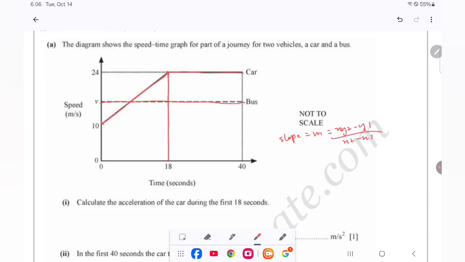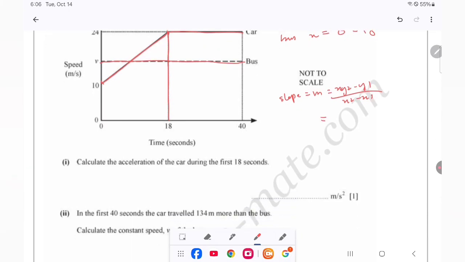For the car, y changes from 10 to 24, and for the x it is 0 to 18.